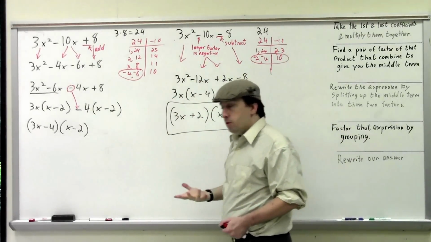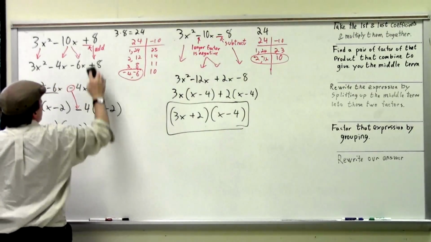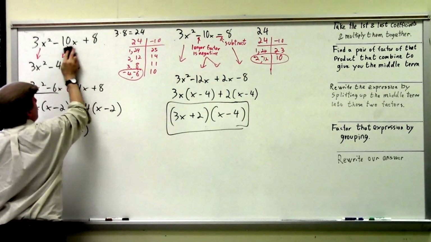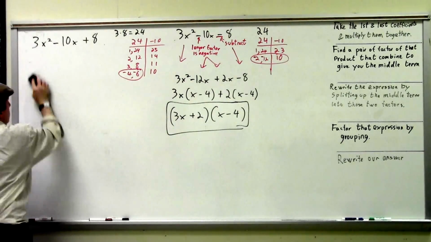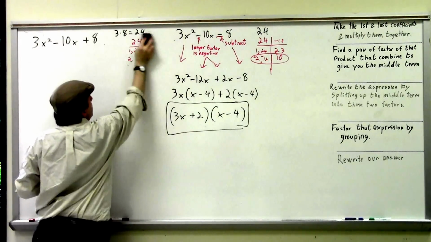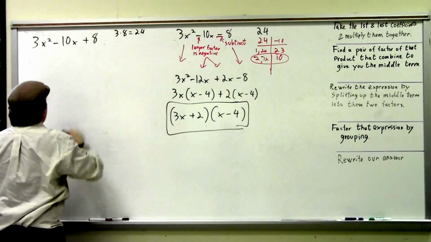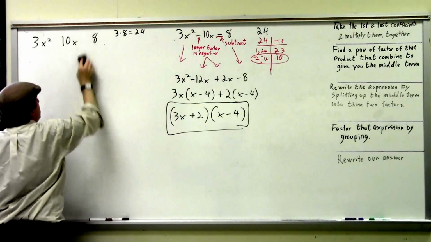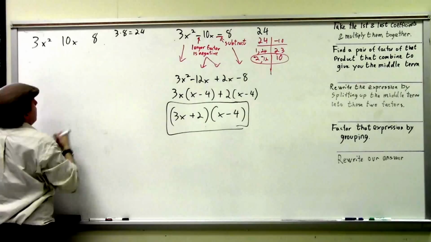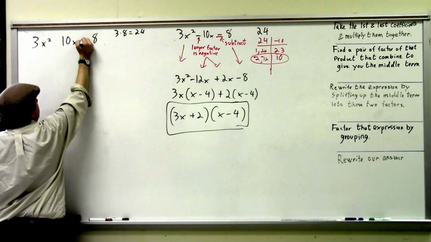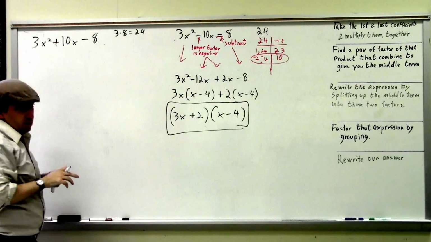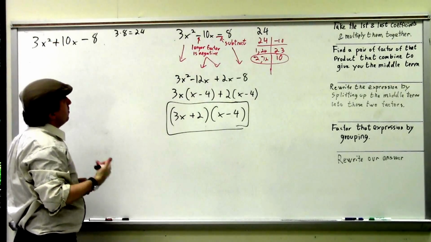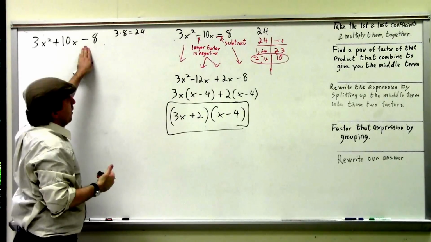So let's look at one more example. So I'm going to take this guy. I'm going to make this negative and that positive. Right? So in this case, again, we're thinking about subtracting.